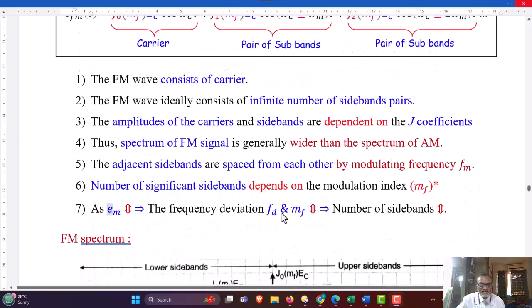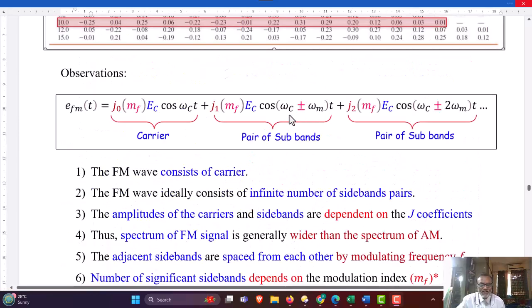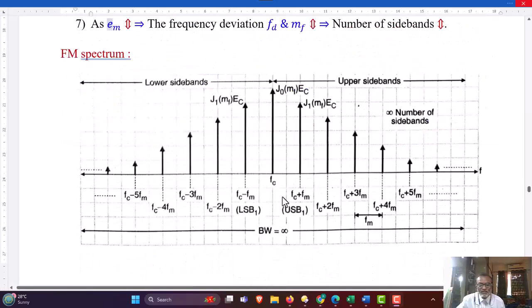Now let us see the second pair. The second pair has the frequencies omega c plus omega m and omega c minus omega m, that is FC plus minus FM. So you will see here FC plus FM having amplitude J1 of MF into EC. And the counterpart of the pair has J1 of MF into EC as amplitude and frequency FC minus FM.